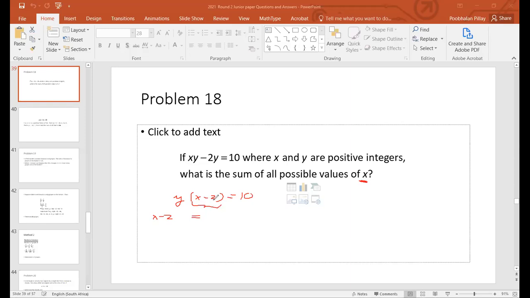So what are the factors of 10? The smallest factor is 1, or what's the next one? 2, or 5, or 10. Those are the only 4 factors of 10, right? But you need to know what are all the possible values of x.